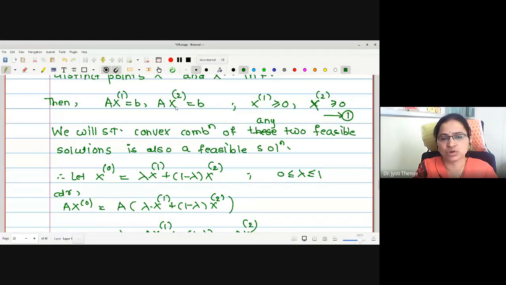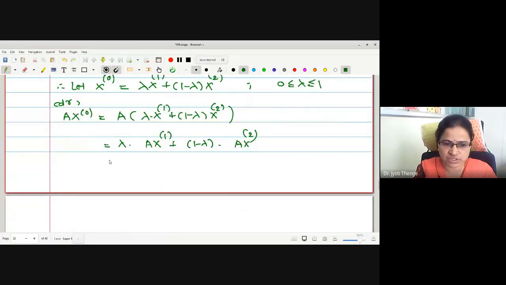Here let me just substitute. This is lambda b plus 1 minus lambda b. Lambda b cancels, we remain with b only. Therefore, we have proved the first condition, Ax naught is equal to b.